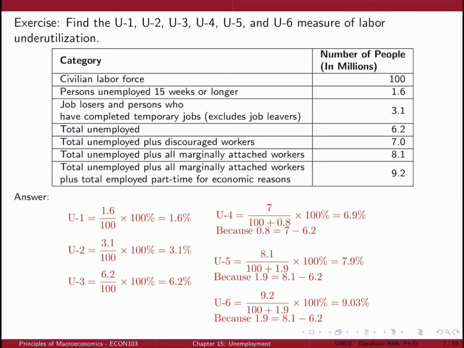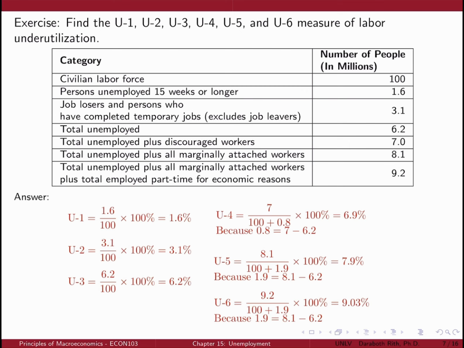And lastly, U6, we take the number of unemployed plus all marginally attached workers plus total employed part-time for economic reasons divided by the number of civilian labor force plus all marginally attached workers, that is 9.2 divided by 100 plus 1.9 and times 100%, which equals 9.03%.